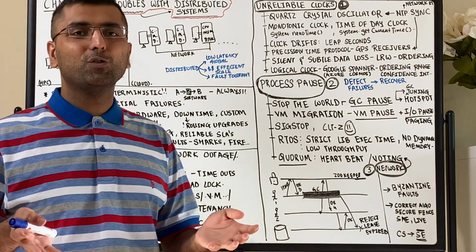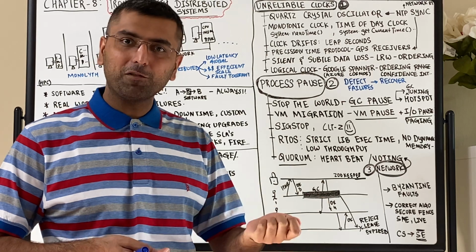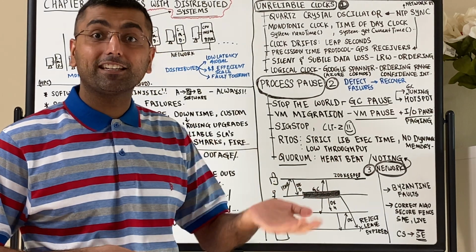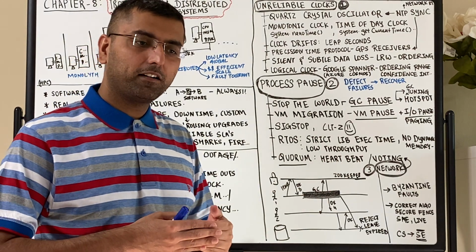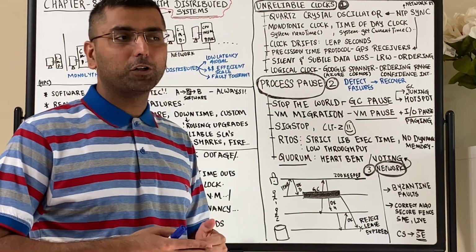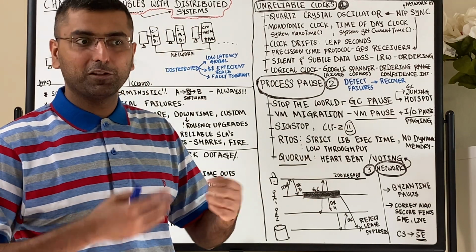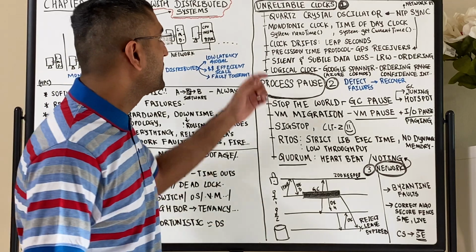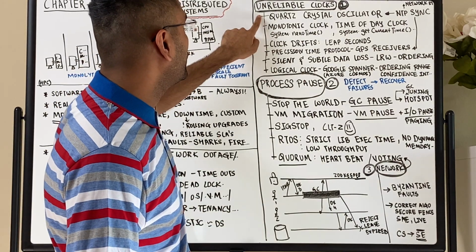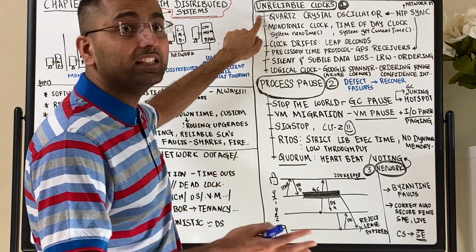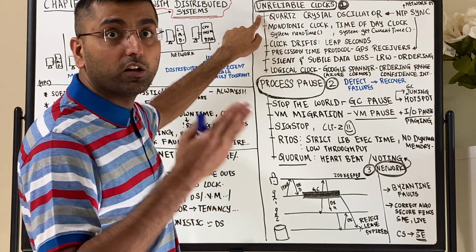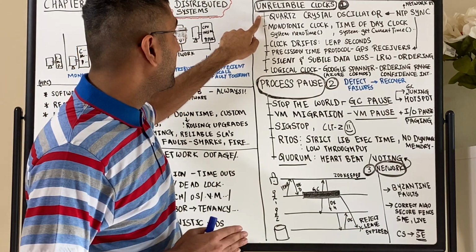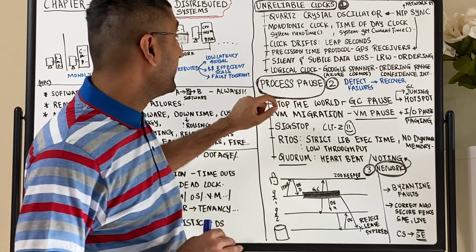But again, there are issues, because it depends on the network round trip and how quickly you can get that time. If it takes more than 10 or 20 milliseconds just to get the time, then you may be out of sync already. Remember that it uses hardware that is not deterministic across machines, and everyone would have some drifts that you have to take care of.